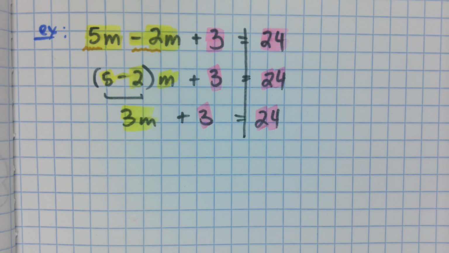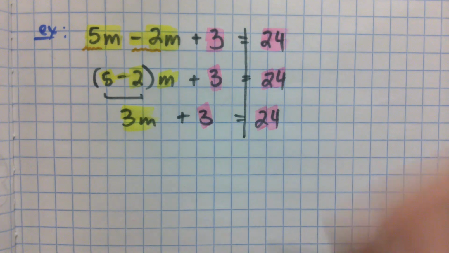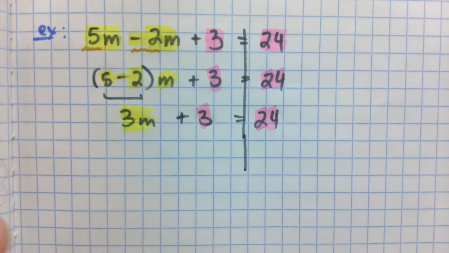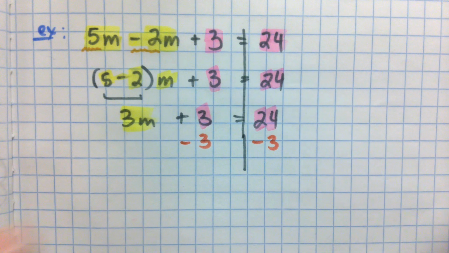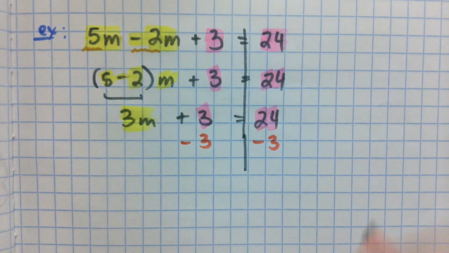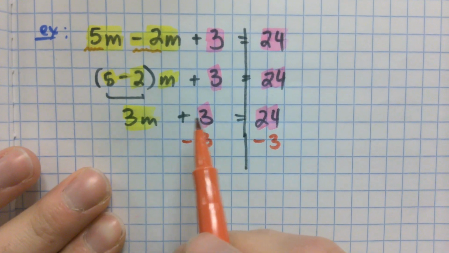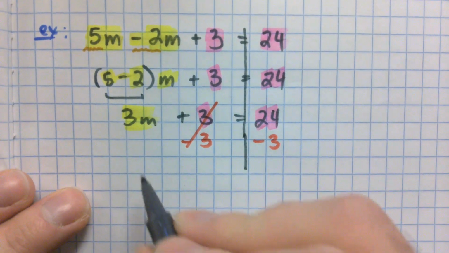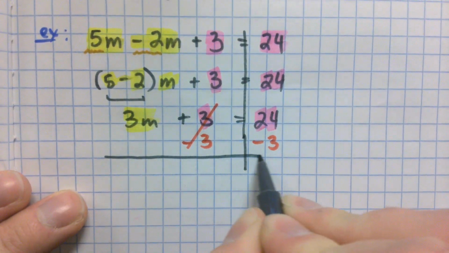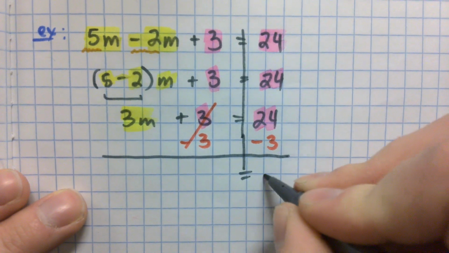If I want to get m all by itself, what can I do first? Subtract 3 from both sides. Minus 3, minus 3. What happens with this plus 3 minus 3? Cross them out. Beautiful. And what's 24 minus 3? 21.